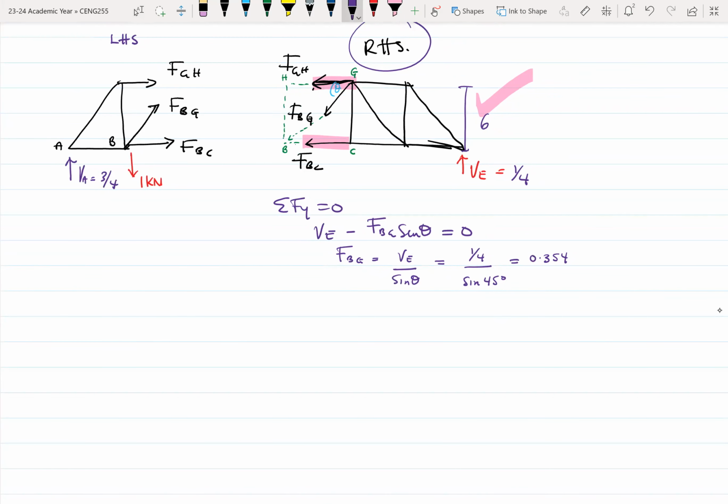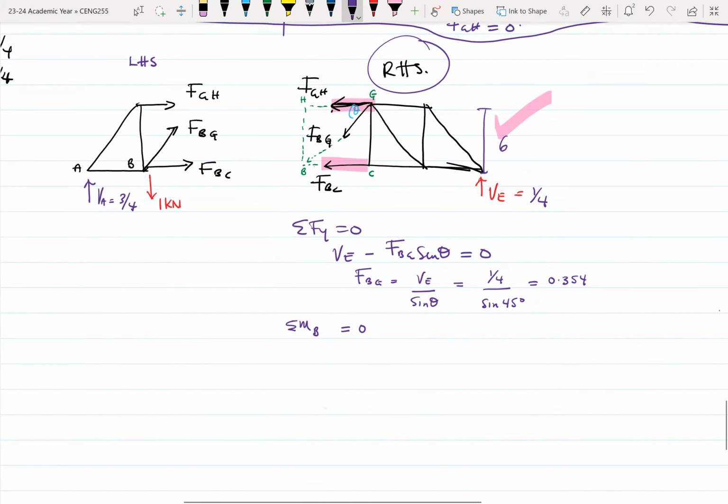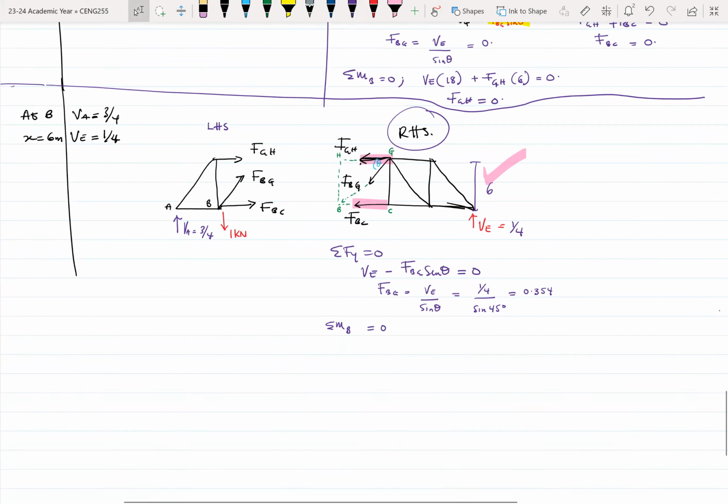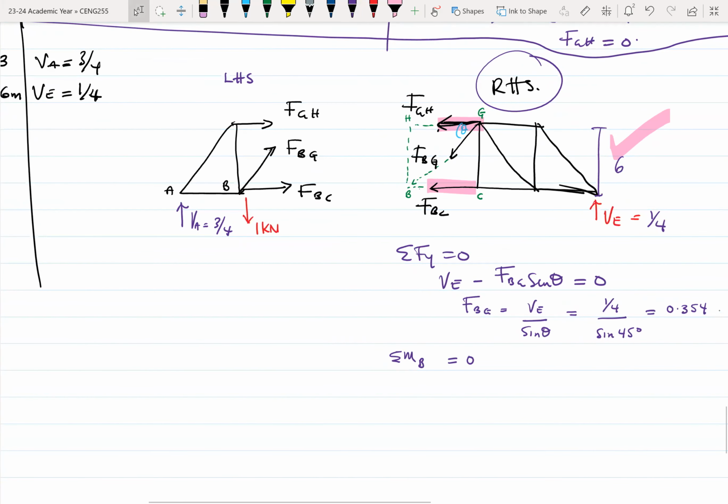Now let's take moments about B. Again, everything I wrote earlier, I'm bringing the same thing. The load is at B. Why is it not included as part of the vertical forces? I mentioned that because you are using the method of sections, you cut your truss into two parts. So we have the left hand side over here.